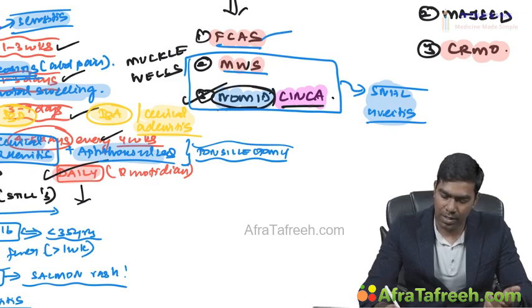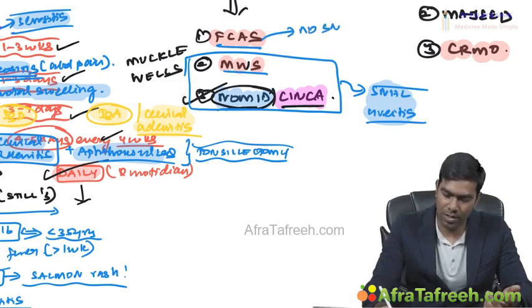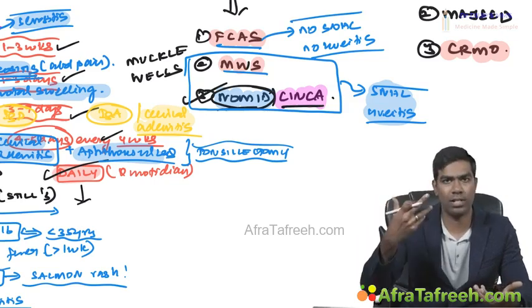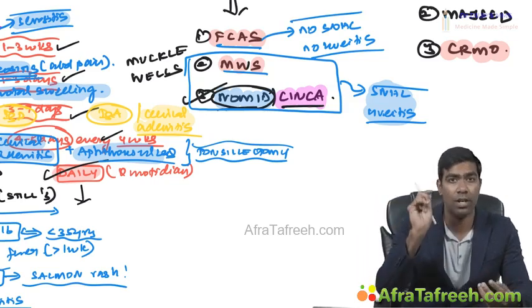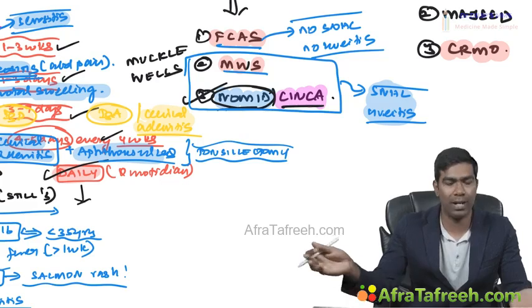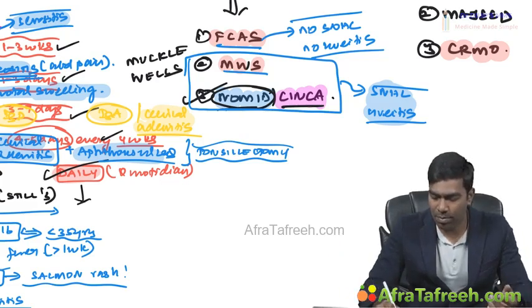And this FCAS will not have sensorineural hearing loss and will not have uveitis. No uveitis, and they may have conjunctivitis because of the urticaria, like an allergy, but no uveitis, no sensorineural hearing loss. Very important. First you split like that. Then how will you separate these 2, Muckle-Wells and NOMID?